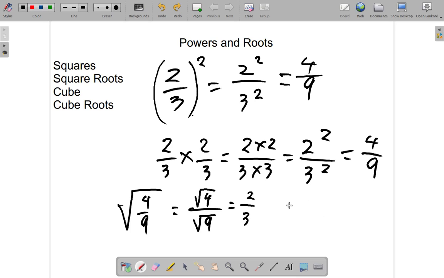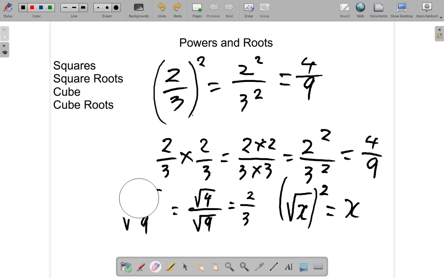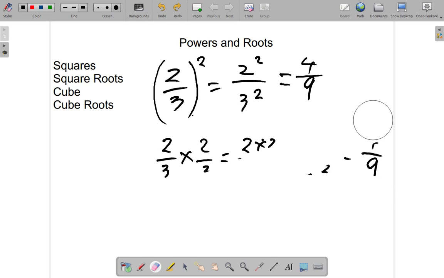Alright? Now, generally, remember, if you have the square root of a number, say x, then you square the square root of a number, what you have is the number itself. So let's look at that a bit more.